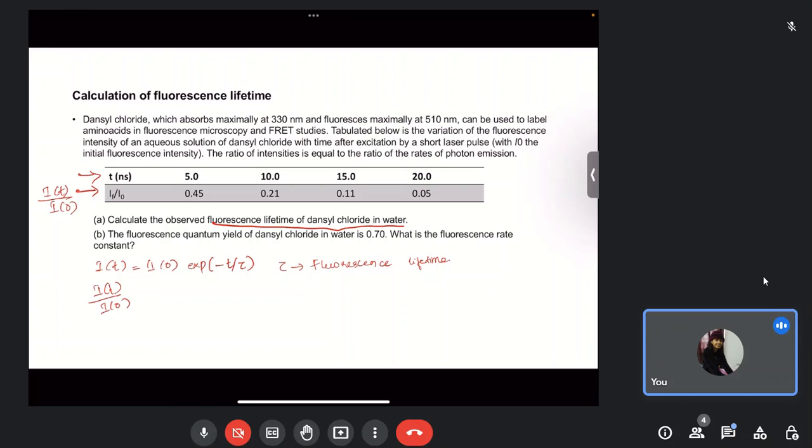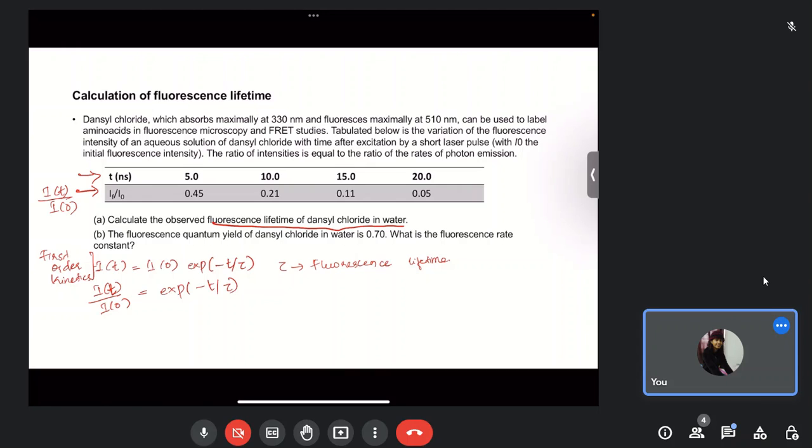In general, fluorescent decay follows first order kinetics, so the equation for fluorescent intensity at time t is I_0 e raised to minus t by tau. From this we can write I(t) divided by I(0) is equal to exp(-t/tau).